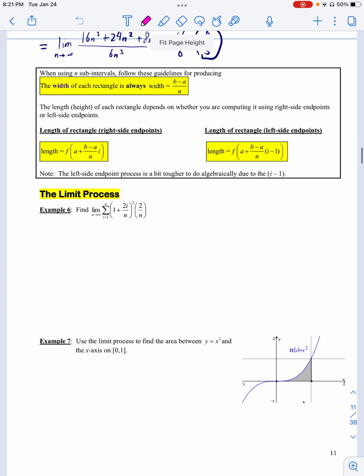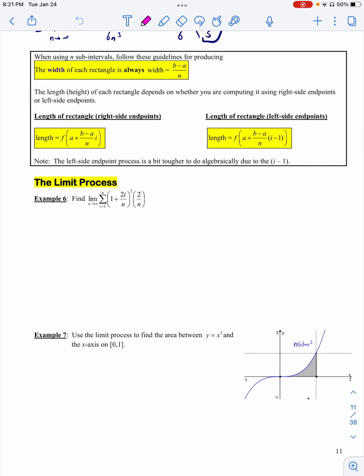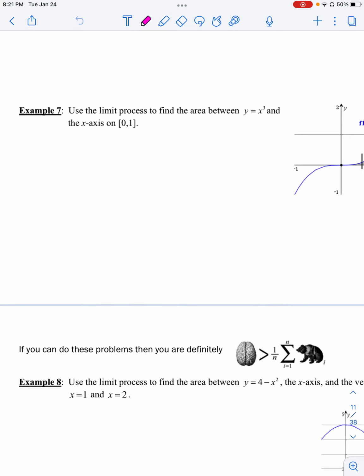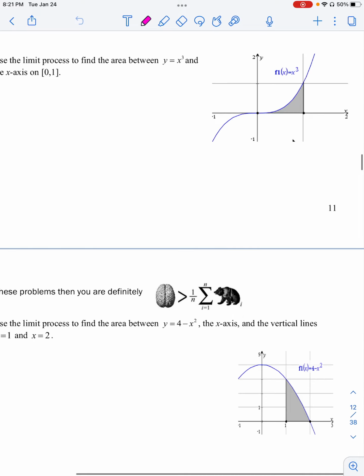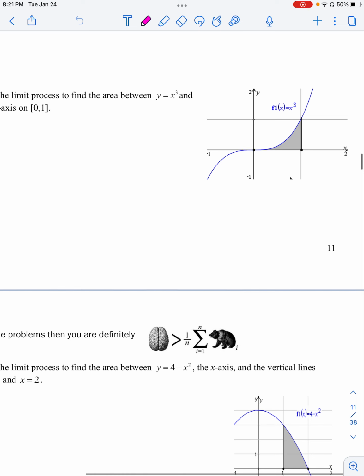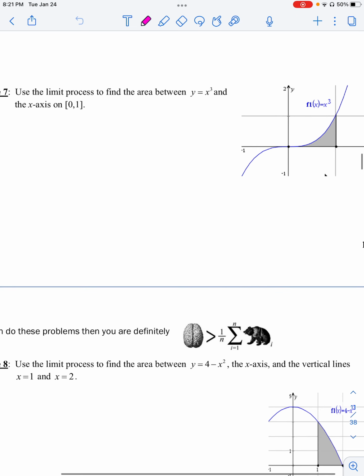Okay. So I want to do example 7 then. We're going to use that limit process to find the area between y equals x cubed and the x-axis on 0 to 1, okay? So let's write down that formula from that clip I just showed you. I'm literally just copying this down.